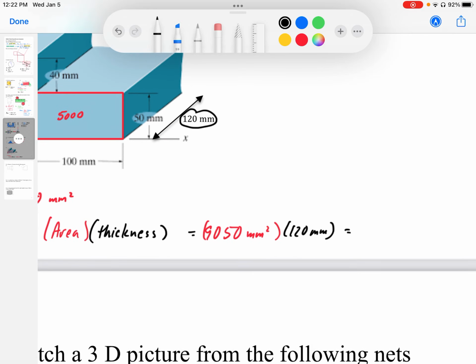Okay, when I work this out on my calculator, I'm going to get 9050 times 120. That's going to give me a fairly large number, 1,086,000. So I get 1,086,000, and that's millimeters cubed.